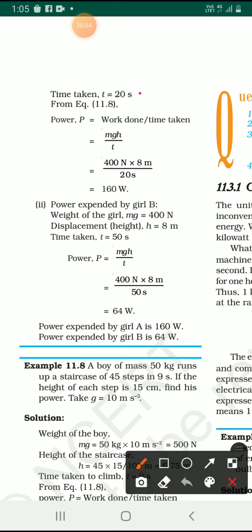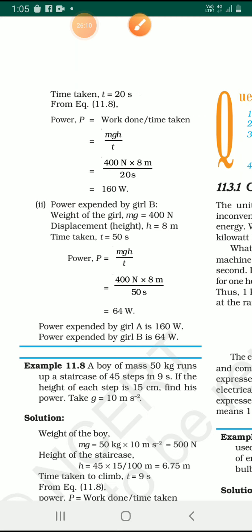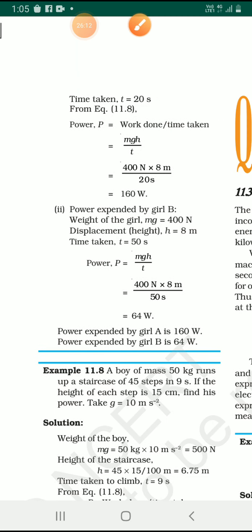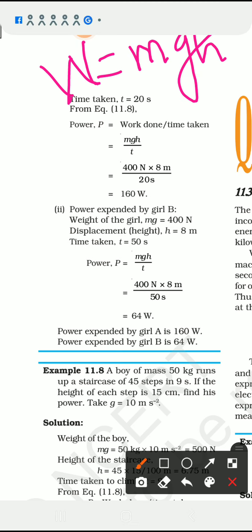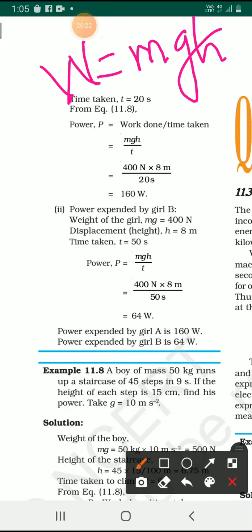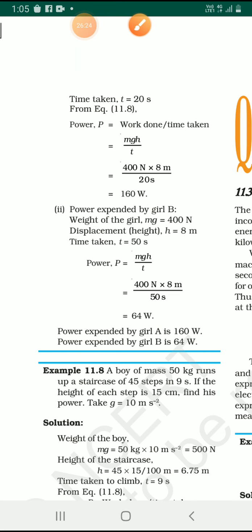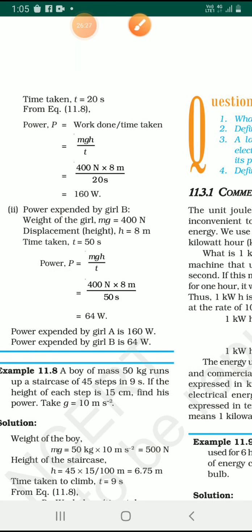Then power P is equal to work done divided by time taken. In the previous section we have discussed that work W is equal to mgh. So instead of that we can take mgh, and write mgh divided by T.